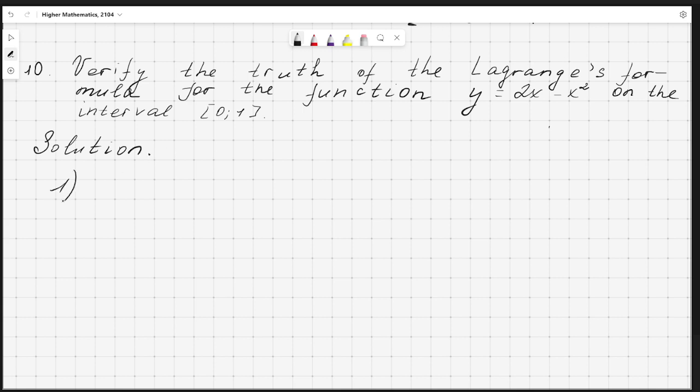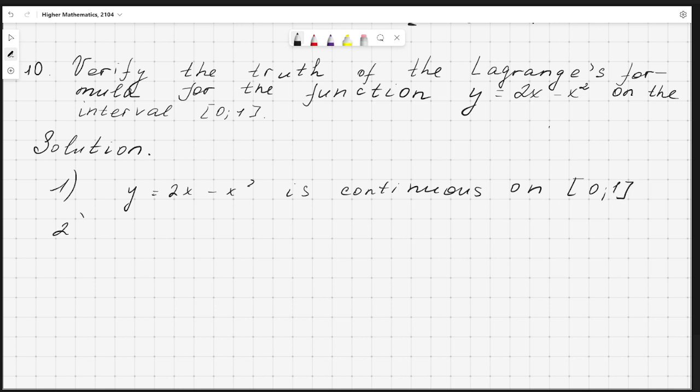The first, y is 2x minus x squared is continuous on the interval from 0 to 1.